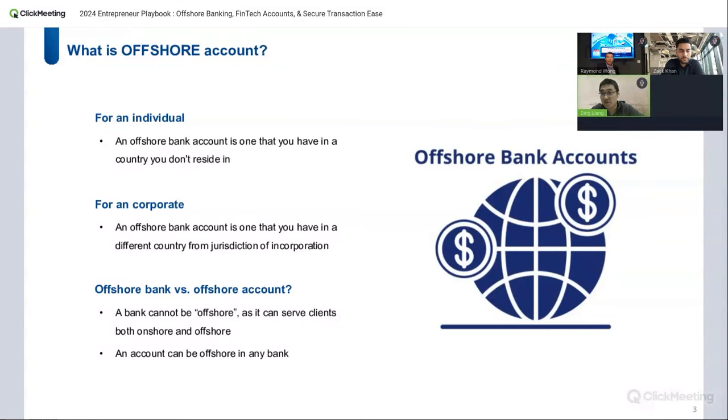From this point of view, they are offshore accounts. However, about 20% of our clients are companies incorporated in the US or US citizens. For those clients, the accounts are actually onshore accounts. That's the definition or terminology of offshore.